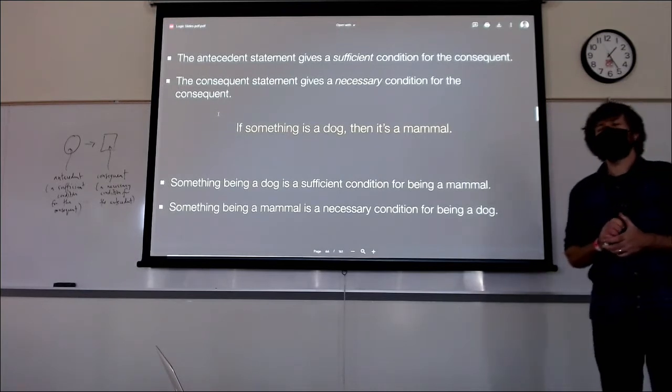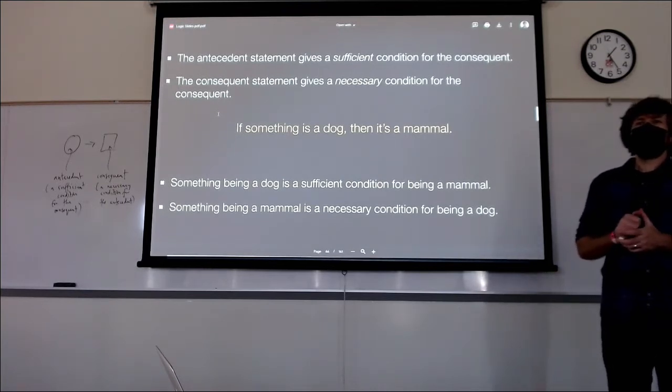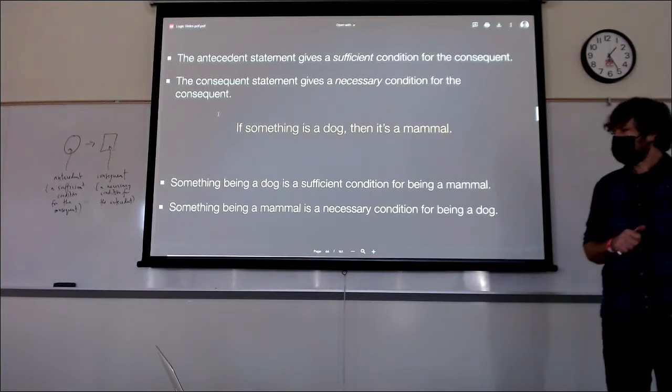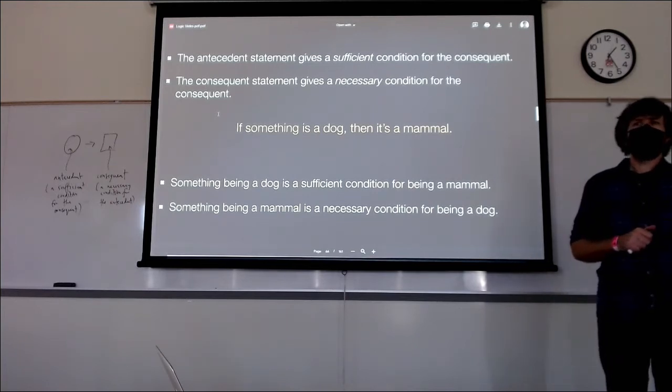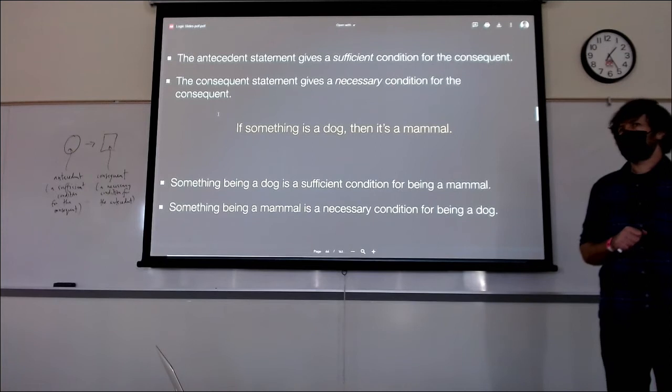Yeah, Zoe. I'm not confused, I just want some more clarification about the sufficient part of it. So it could be like, if dog, then it's a mammal. If something is a dog, does that make it sufficient for the first part of it?